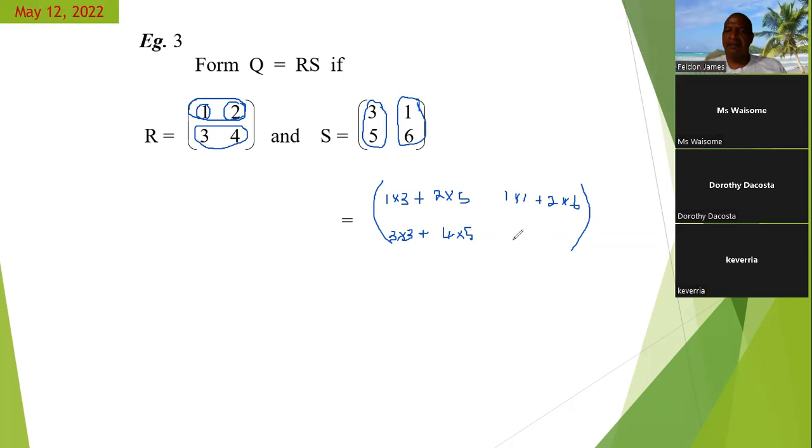What do we have here now? Remember now, Miss Dorothy, we're using the second row, second column. 3 times 1, sir. So we have 3 times 1.